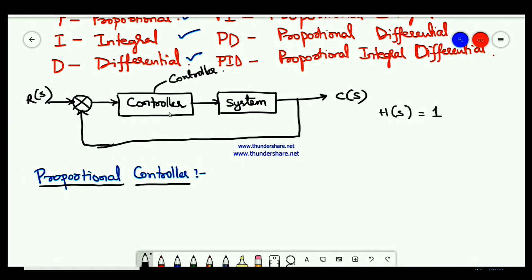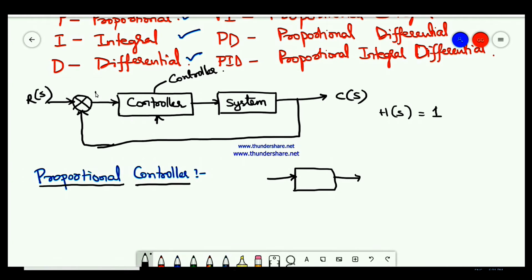It is the controller which replaces the arrow mark I have written. The block diagram of the proportional controller has as its input E of S.